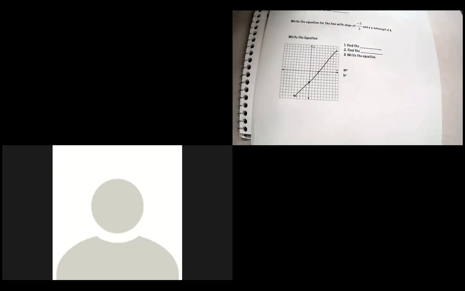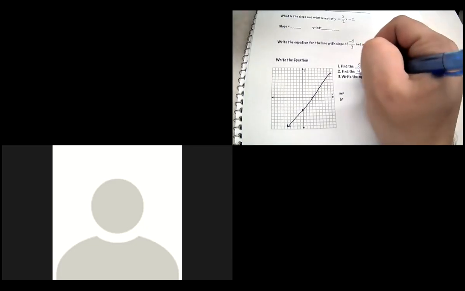I'm going to skip over to our note packet because this has an equation on it. We can also look at writing the equation for a graph. And so here is a line, and if you will at least write this part down, the first thing that you want to do is find the slope of the line. Then we're going to find the y-intercept.